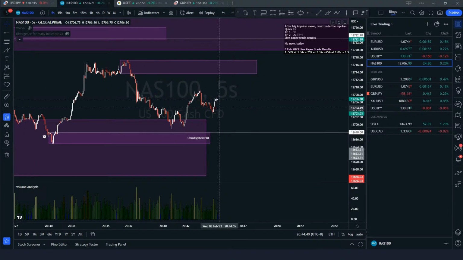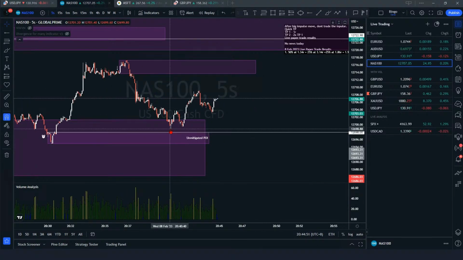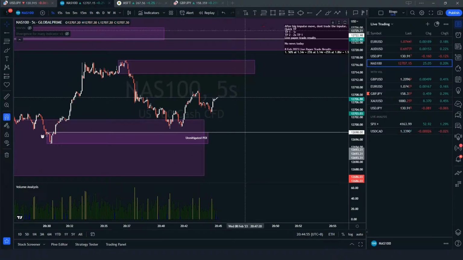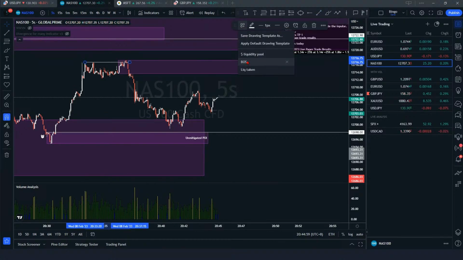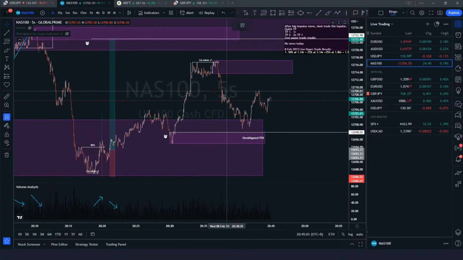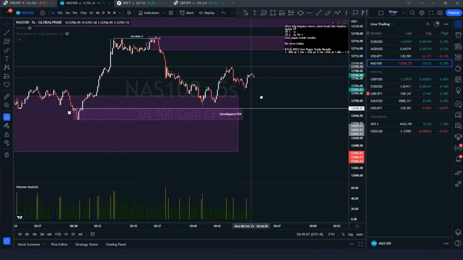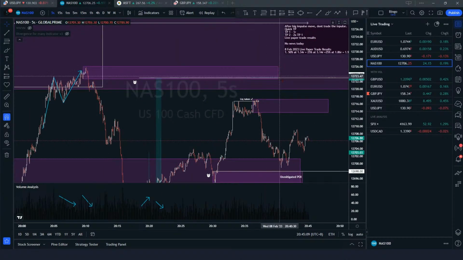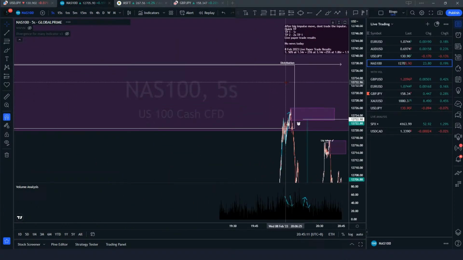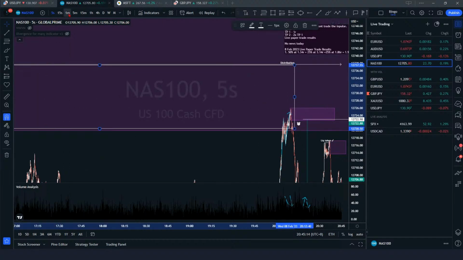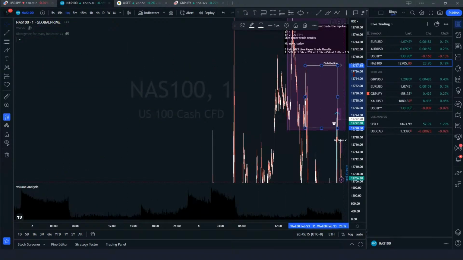Okay, price is consolidating right now. Nothing much over here except for this liquidity grab. And this distribution.